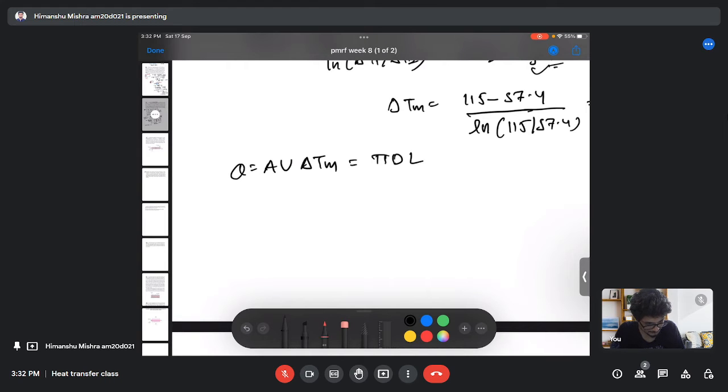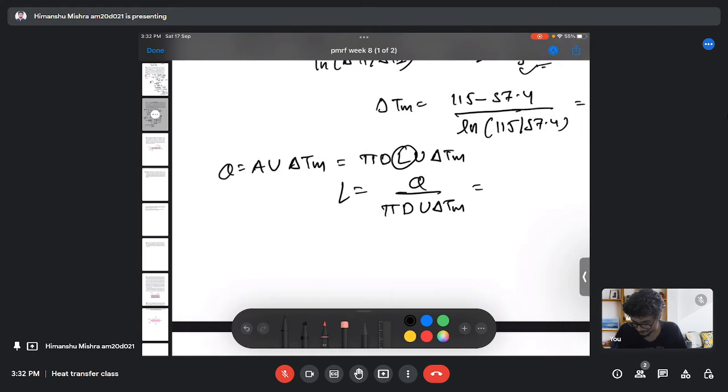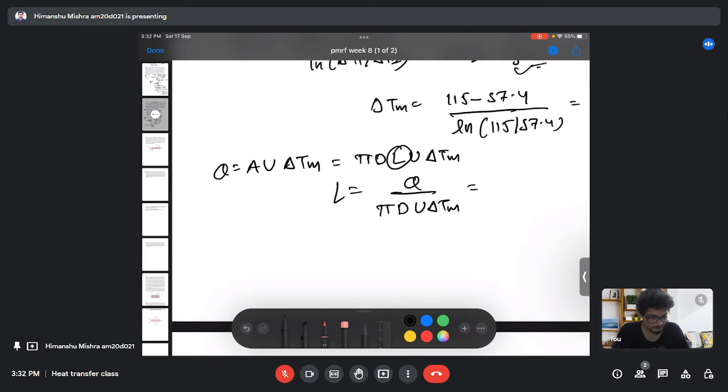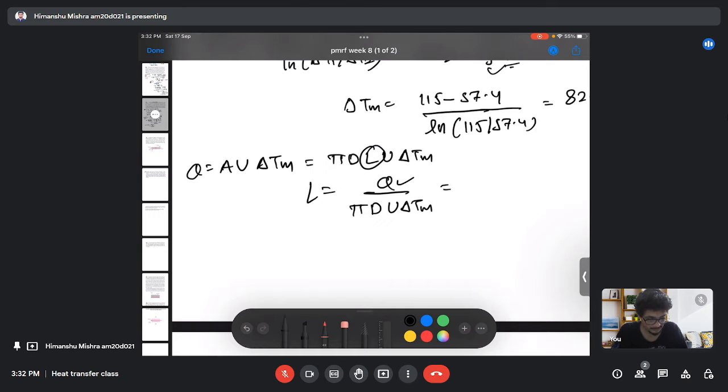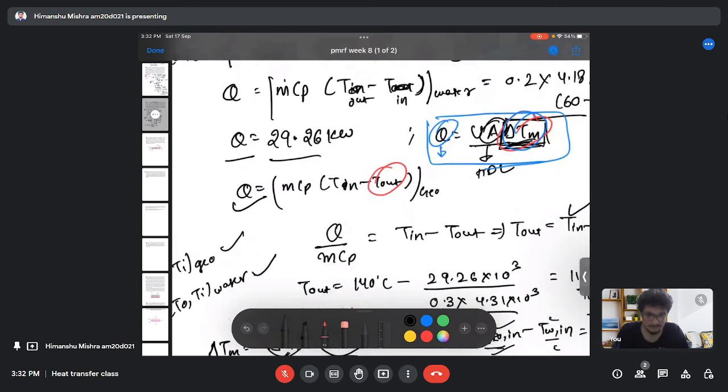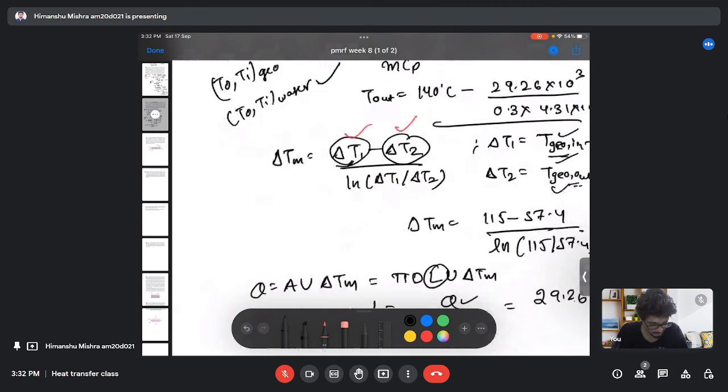We need to find the length of the heat exchanger. So we found the heat transfer rate, which was 29.26 kilowatt.